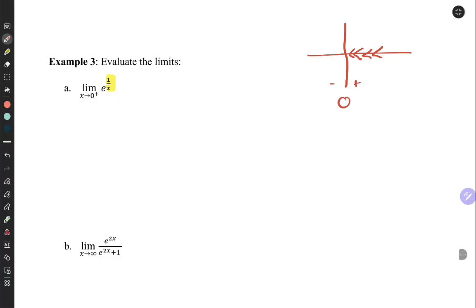Isn't that undefined? No, because if x approached 0 from both left and right it would be undefined, but this one is 0 from the right, so that is defined. Positive infinity.